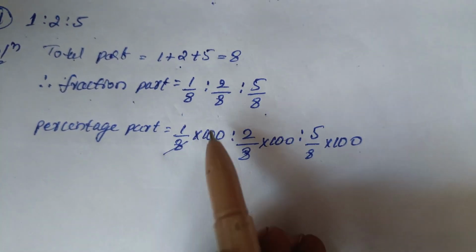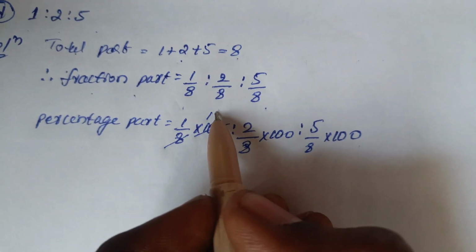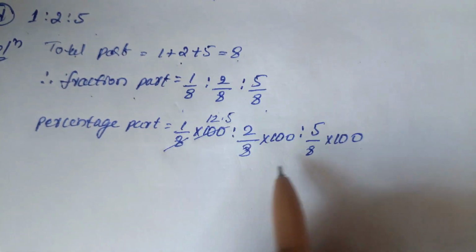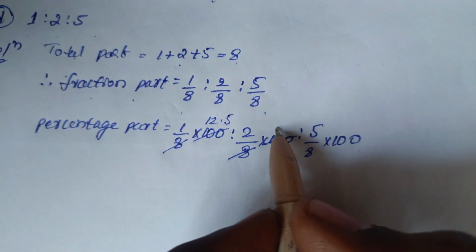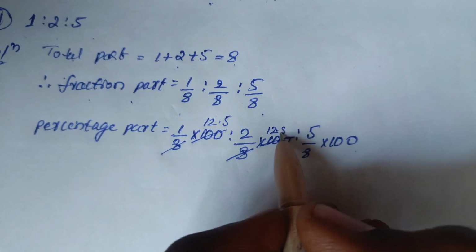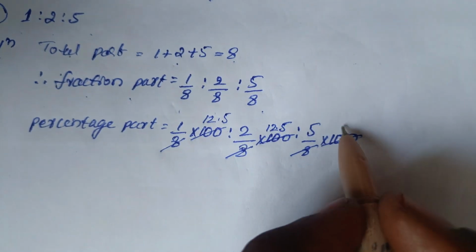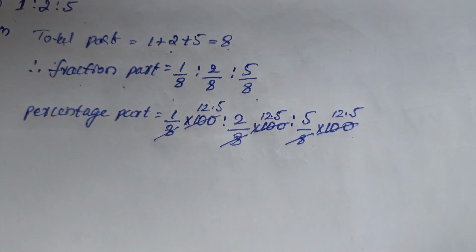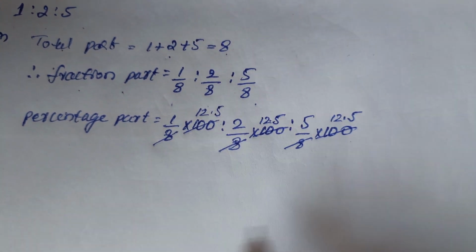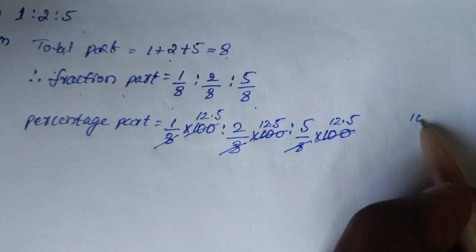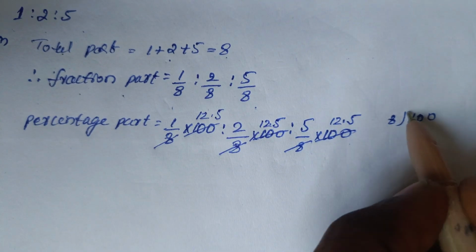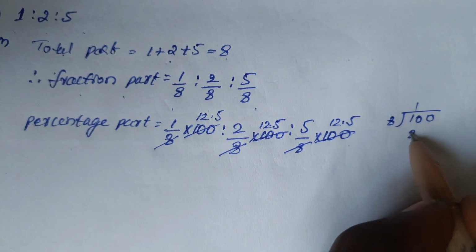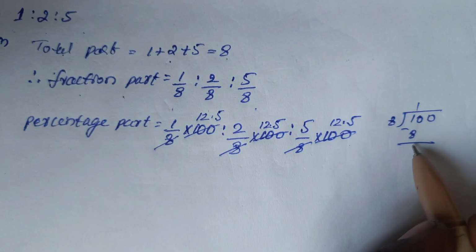Now 8 times 12.5 is 100. We can use the division method to find this and you will get the answer. Here, if you look at 100 divided by 8, 8 ones are 8, 10 minus 8 is 2.